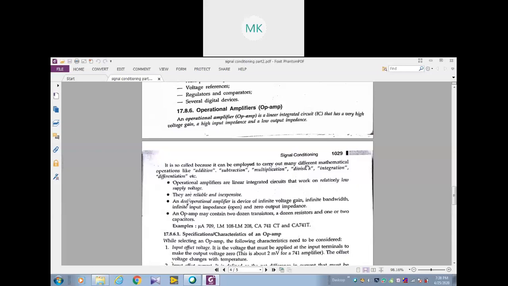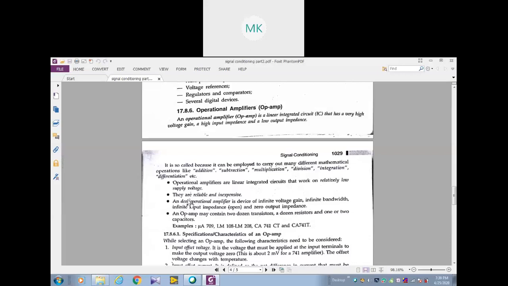So the operational amplifier performs some operation and then amplification. Operational amplifiers are linear integrated circuits that work on a relatively low supply voltage, they are reliable and inexpensive.